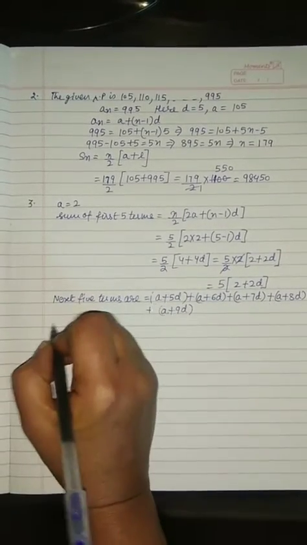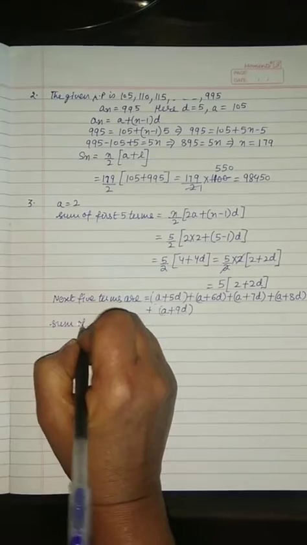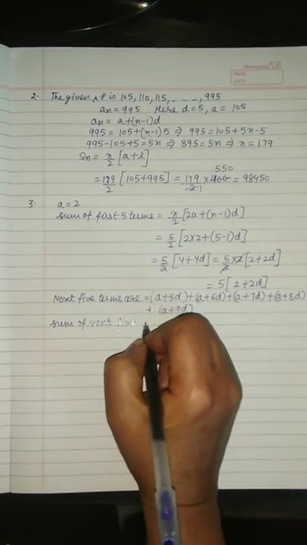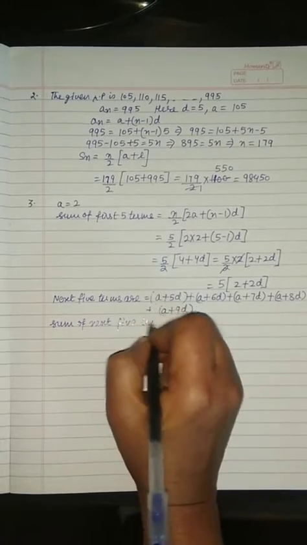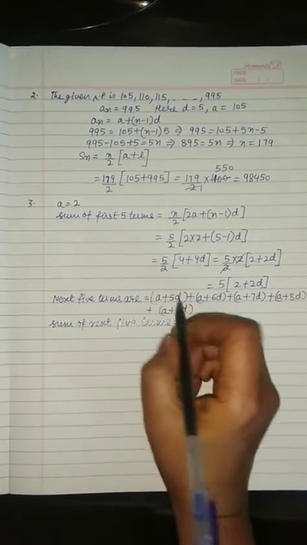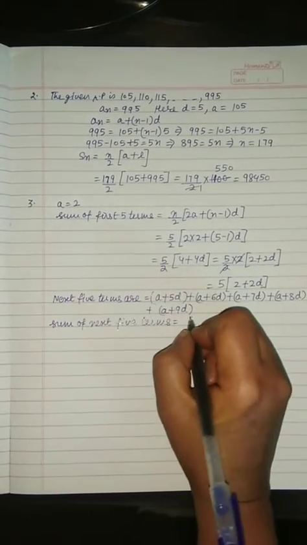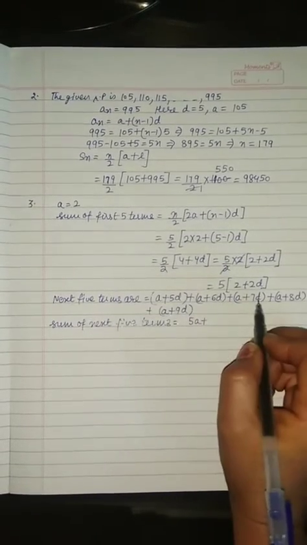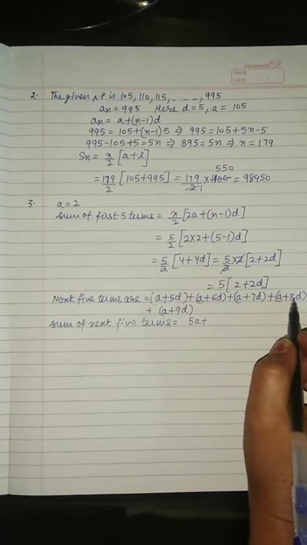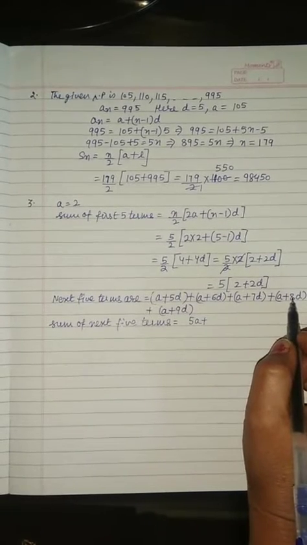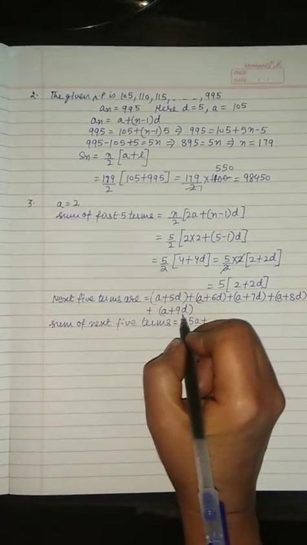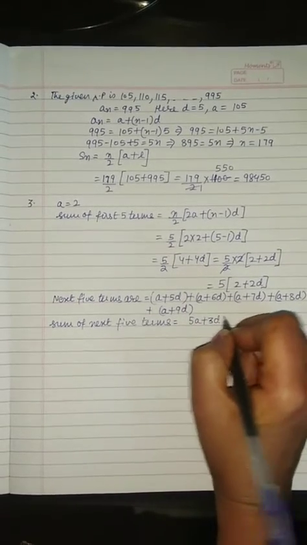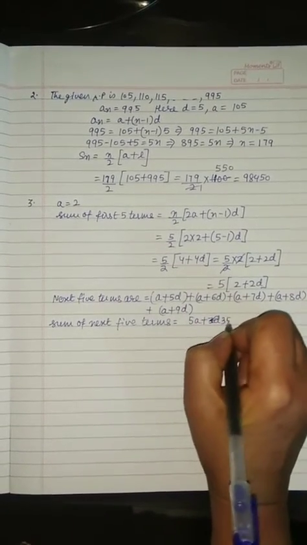Adding all these terms, the sum of the next 5 terms. We will find the sum of these next 5 terms, which is equal to 5a plus 5d plus 6d, 11d, plus 7 is 18d, plus 8 is 26d, and 26 plus 9 is 35d.